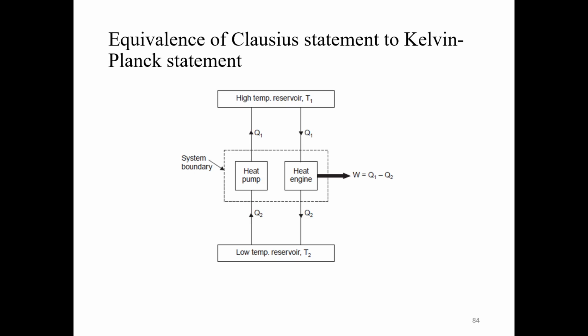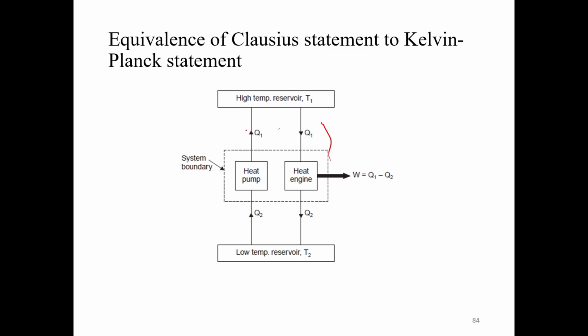So this is basically a combination of the Clausius statement and the Kelvin-Planck statement. You have the hot reservoir here, with the high temperature, and you have the lower temperature reservoir.